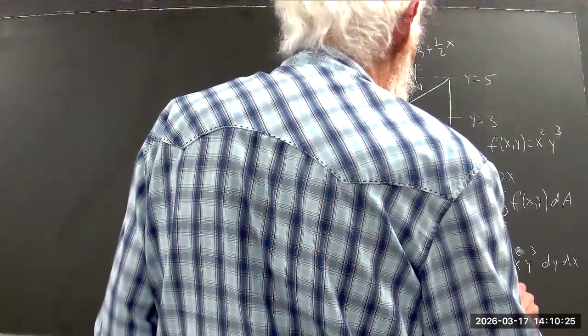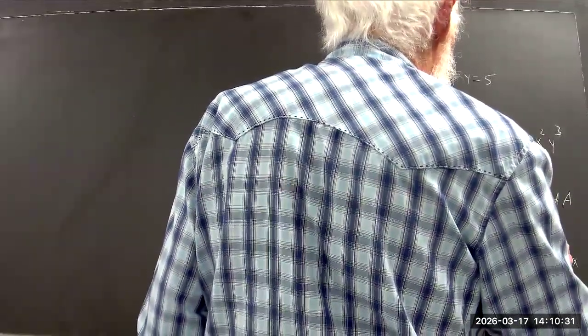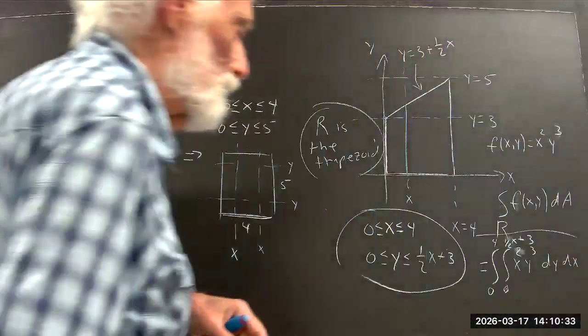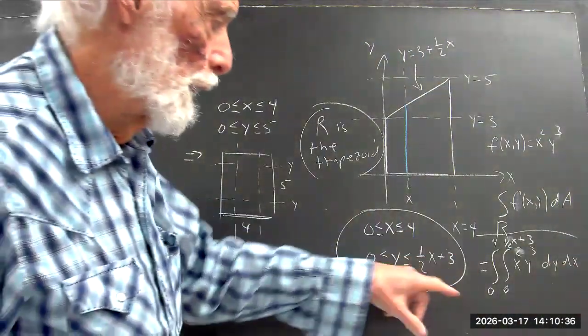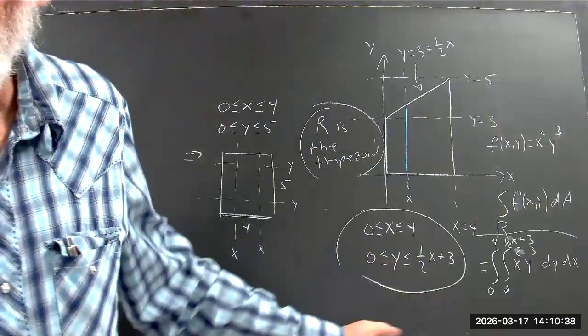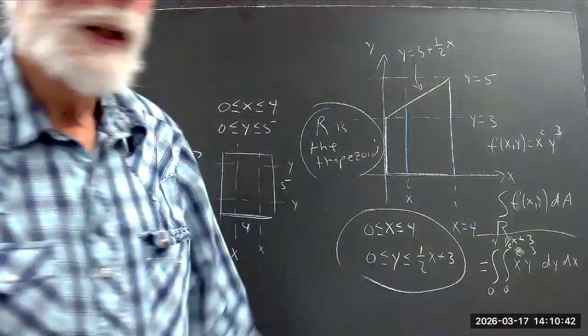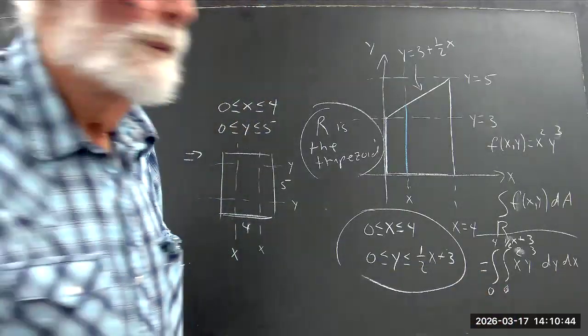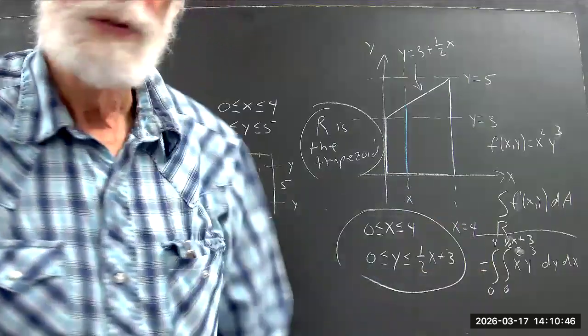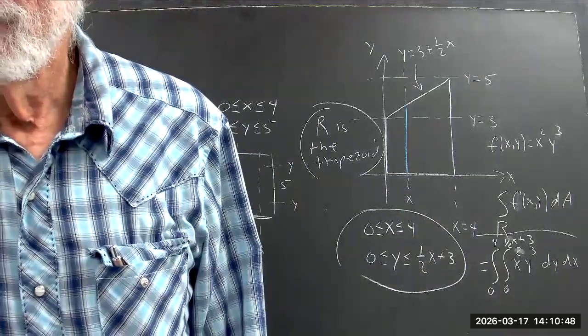Y gets integrated from 0 to 1/2 x plus 3. Got that little bunched up there. I don't know if you can read that, but it's these limits from 0 to 1/2 x plus 3. You can do that integral. And you can divide by this area, which is 16, to get the average value.